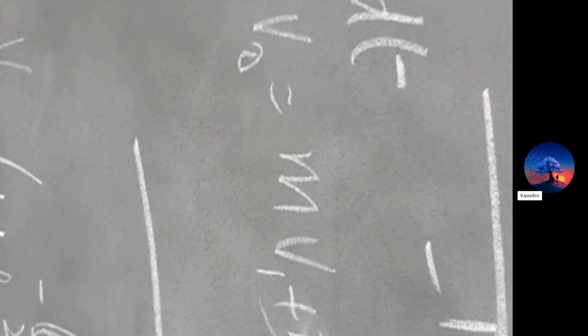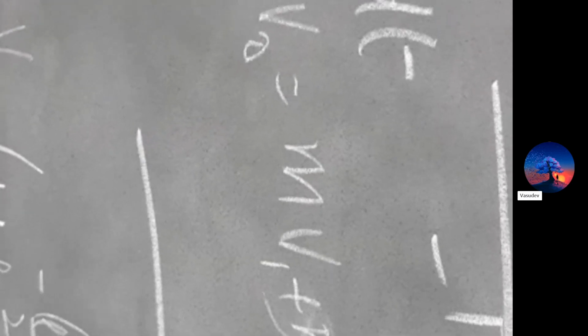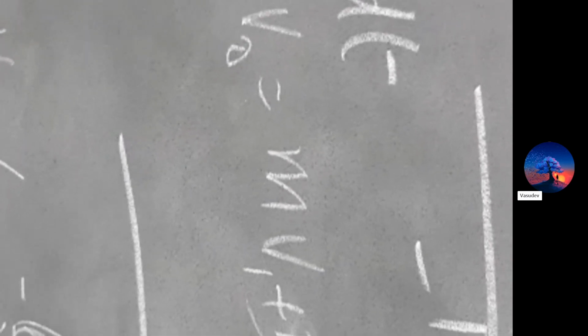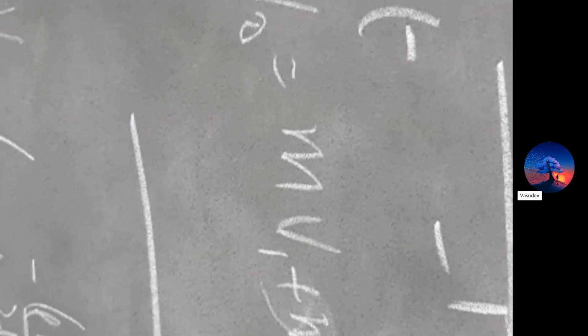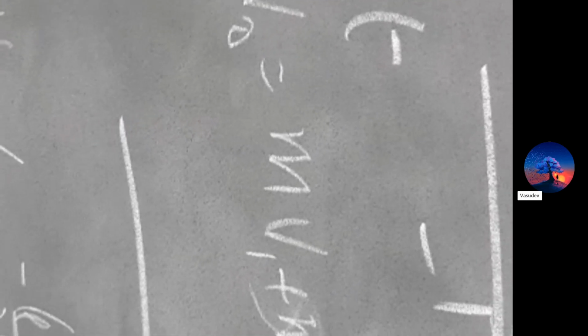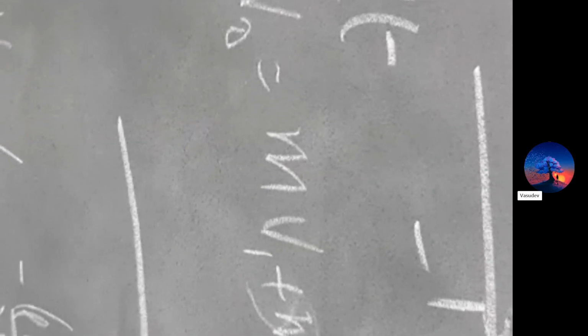Delete that. V1 minus V0 by 2. Delete TL squared B squared by RM. Yeah, so could you move the camera a little bit? Yeah.